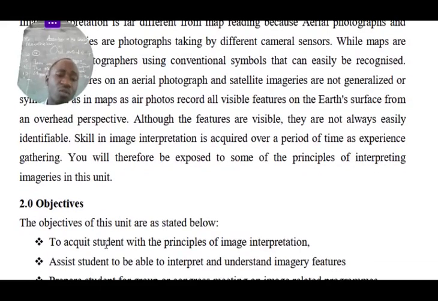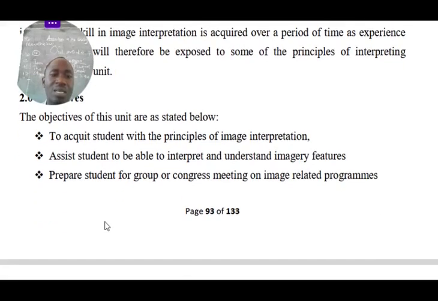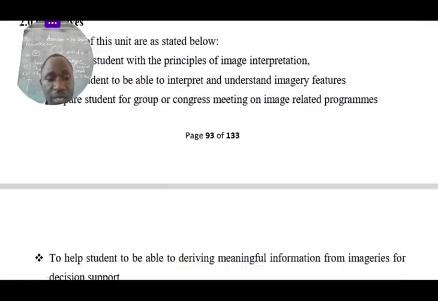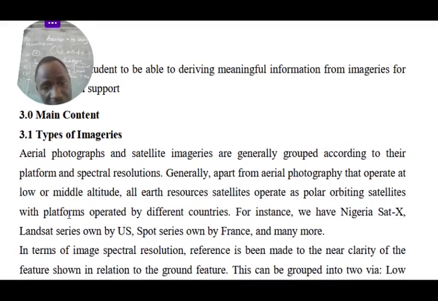Below there you have one of the intended purposes for our major topic for our study today. When we continue, we are going to be looking at the types of images or imageries. We are saying that all photographs and satellite images are generally grouped according to their platform and spatial resolution.